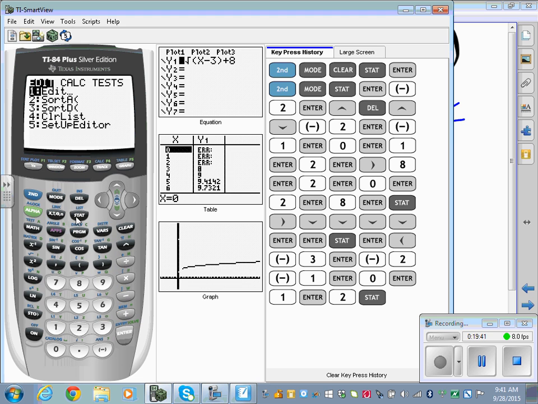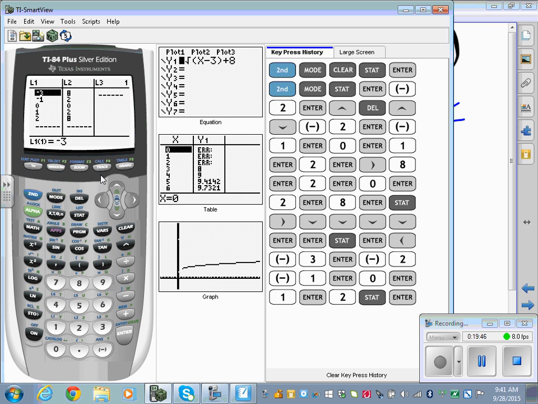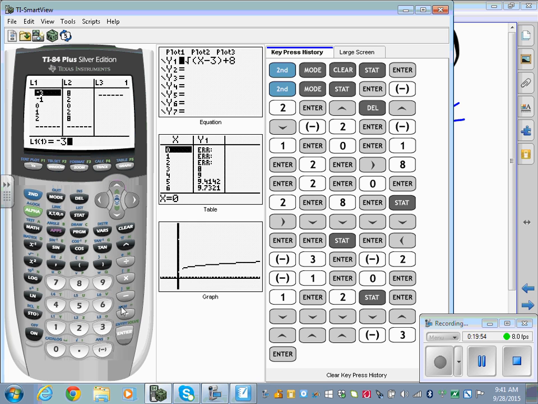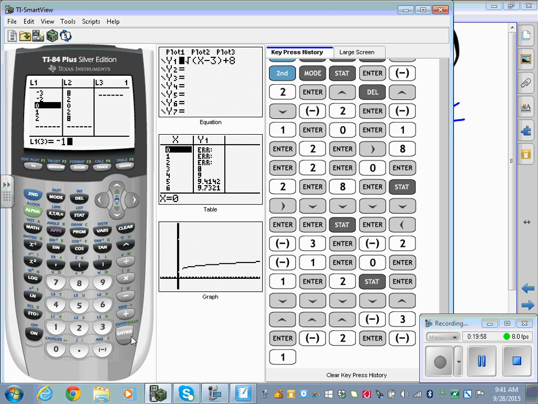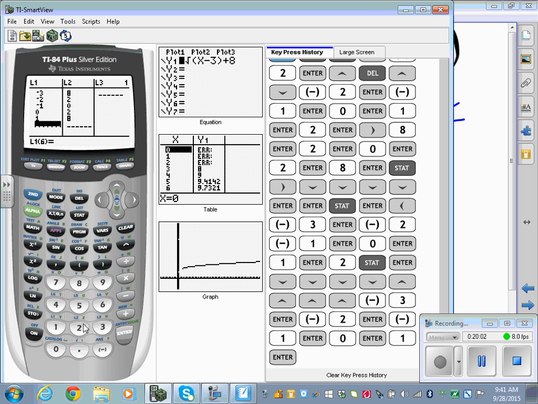Ah, what happened? Stat edit. Scroll down. My calculator had a malfunction. -3, -2, -1, 0, 1, and 2.